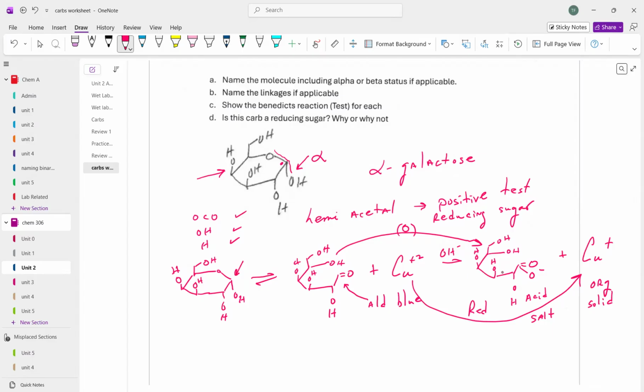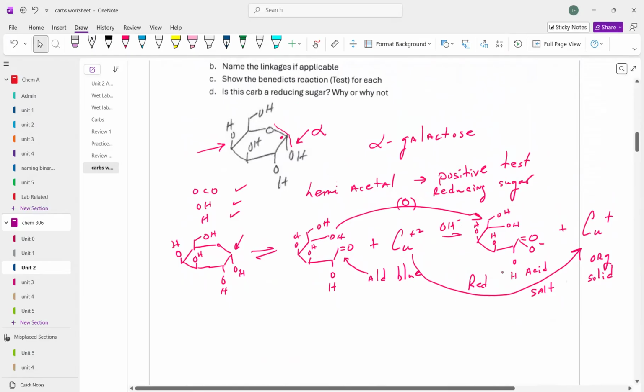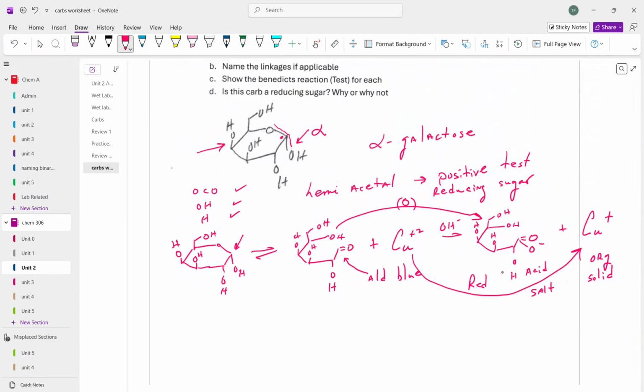Okay, so that's galactose. Now this is going to be exactly the same if we started with glucose. The only difference is this carbon number 4 hydroxyl group is going down. This reaction down here is exactly the same. It's got a hemiacetal present for the same reason.